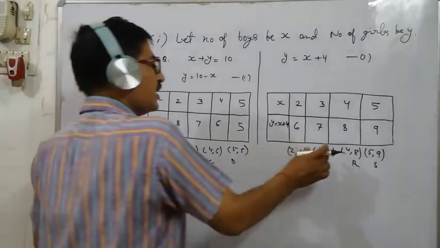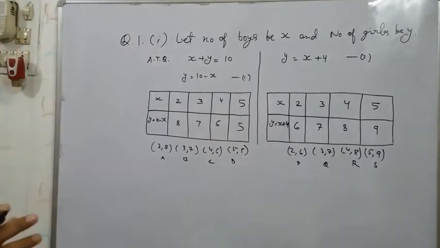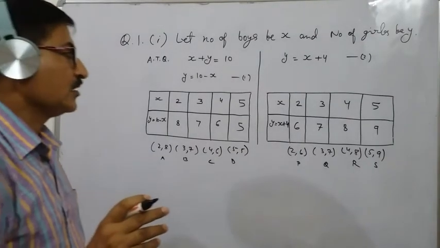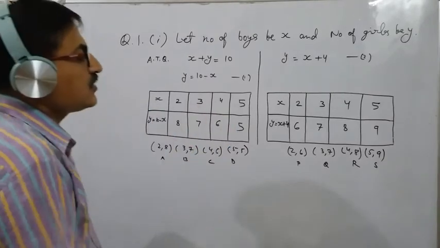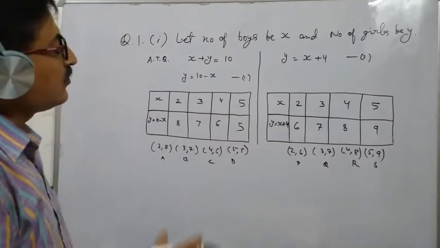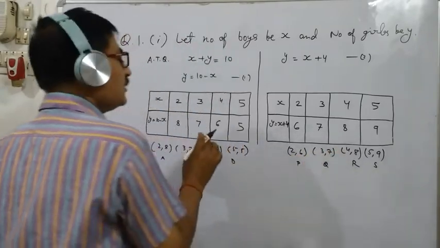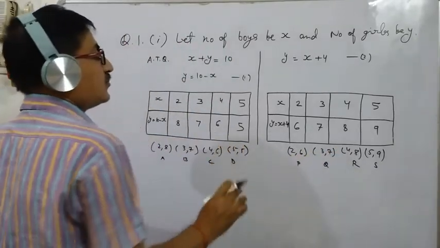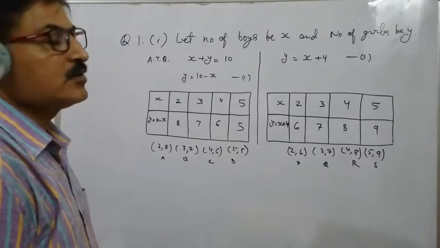Only one point you are getting, no other point is there. That means here we are getting one solution. The value which satisfies both equations will be your solution. So 3, 7 is the common point for both lines, the intersecting point, and that will be your solution also.